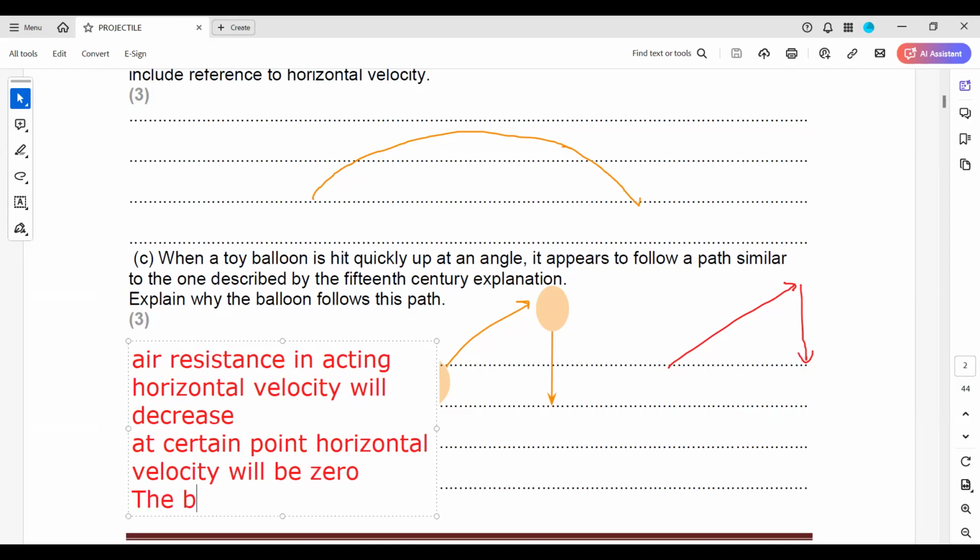So the balloon will move downward because of gravity. So what actually happened here?